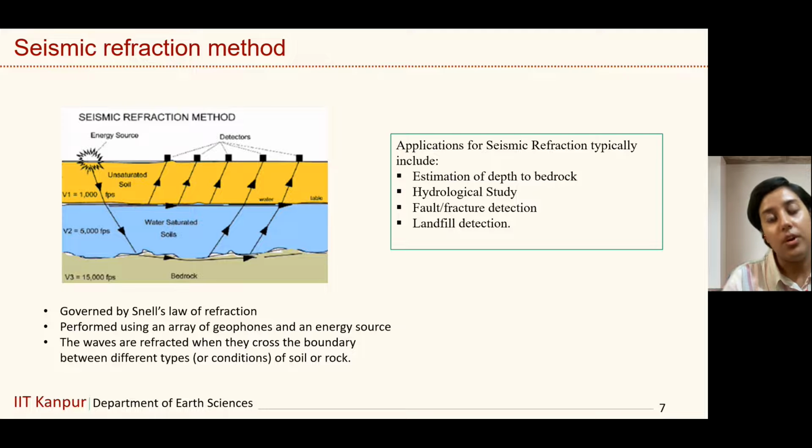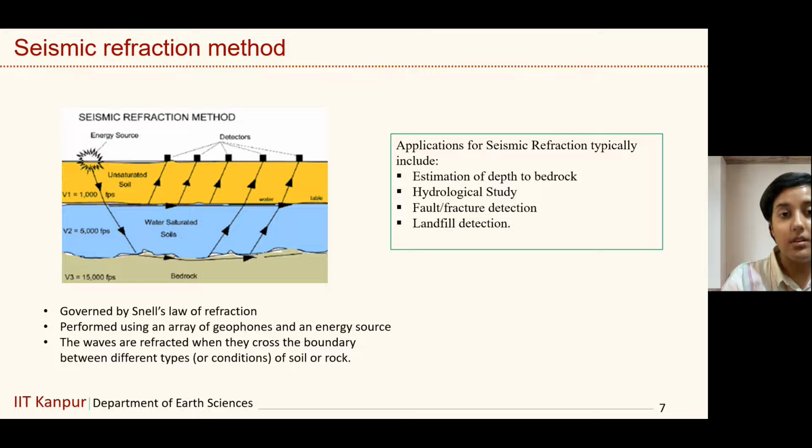In general, velocity should increase with depth, and the refraction method is based on this. When the incident wave hits the interface between two different layers, and the angle of incidence is equal to the critical angle, it acts as a head wave and continues its path.